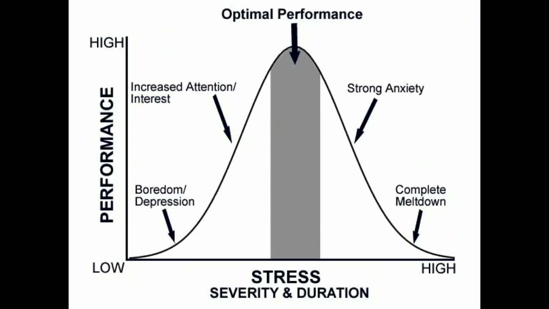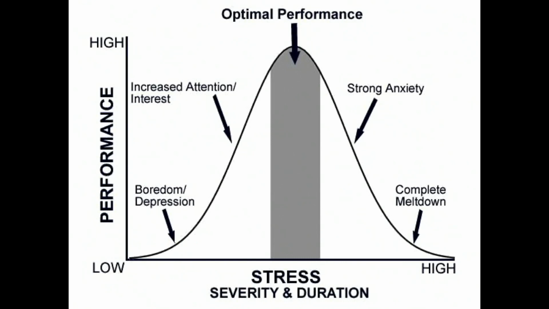This idea of cognitive load is well displayed in this chart. You can see how stress has an impact on an individual's ability to think. The more bored an individual is, the lower their performance or IQ will be. The more stressed they are, the lower it will be as well.